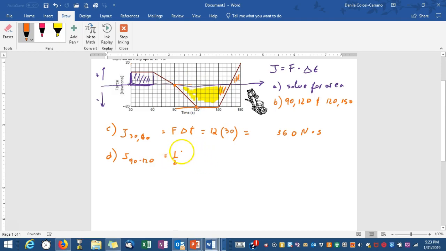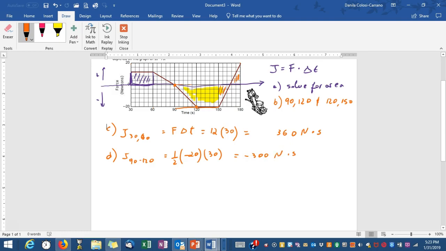So it's one half times the value of F, which is minus 20, times the time interval, which is 120 minus 90, which is still 30 seconds. So now this is negative 300 Newton seconds, which is the answer for your part D.